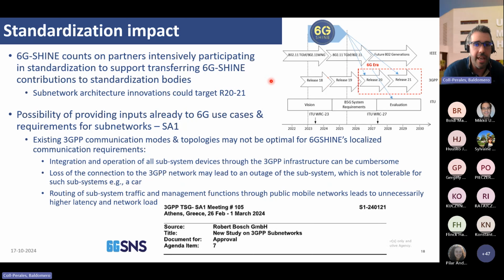In this case, for SA1, where we think that a more immediate impact on standardization could be achieved. This is being done mainly through the identification of the current gaps in cellular networks that we think that, with the approaches that we are defining in 6G-SHINE, we could fill.